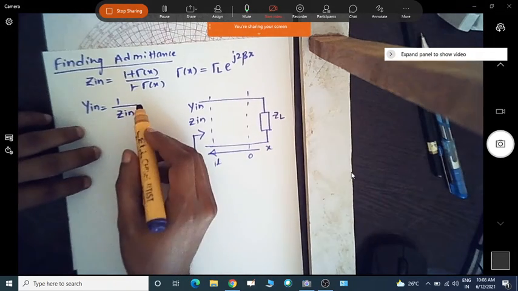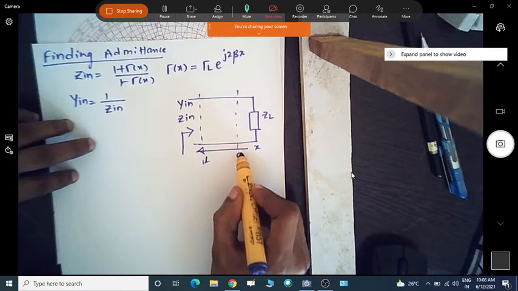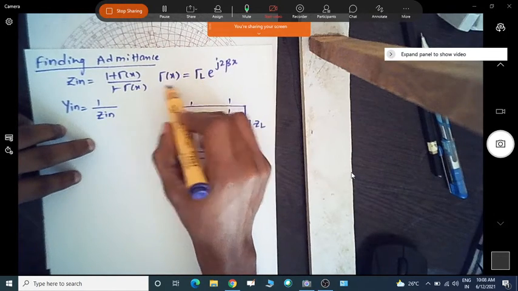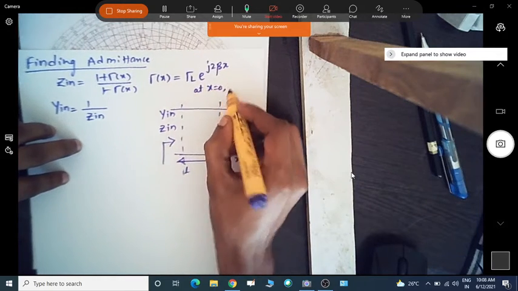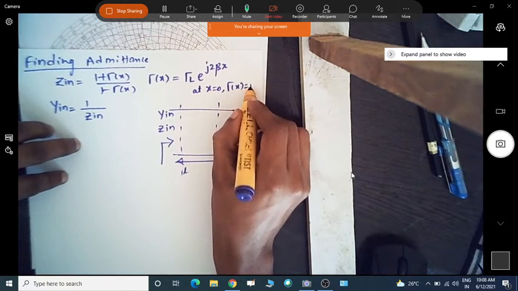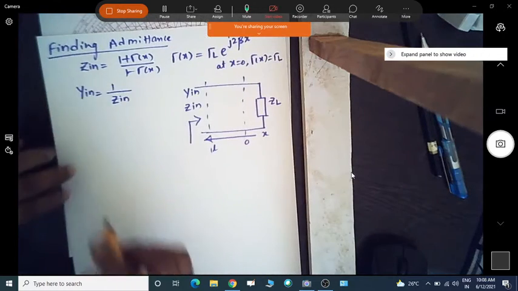So now here you can see at x equal to 0, what we will get? We will get gamma of x equal to gamma L. That is nothing but the load reflection coefficient.